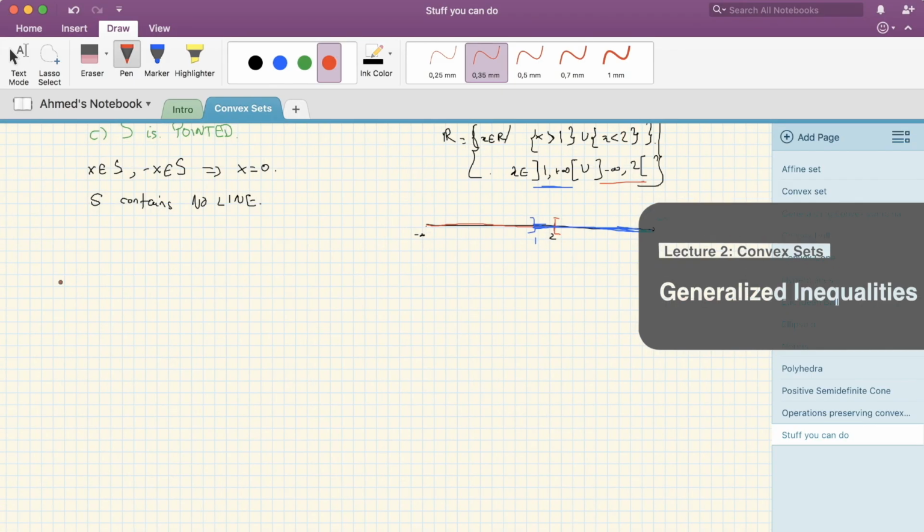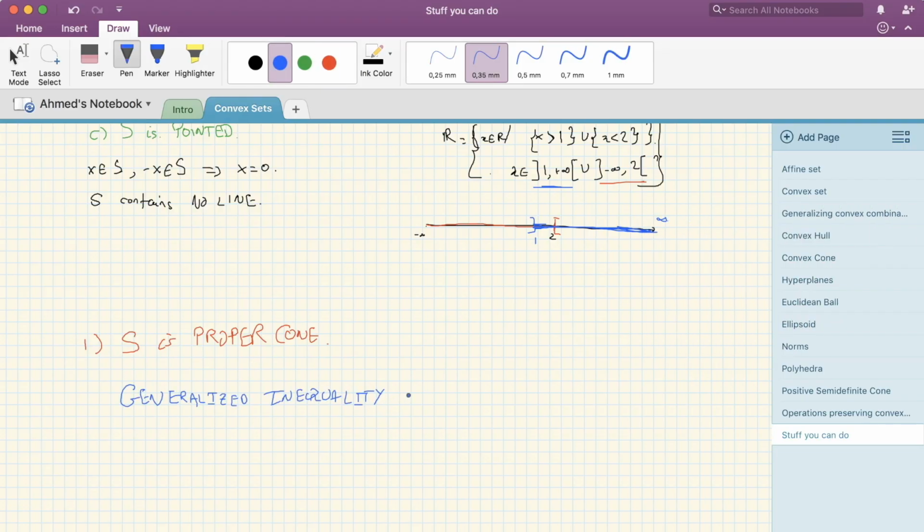If your S is proper, then you can define something as follows. We say that we have a generalized inequality with respect to a proper cone S. We denote x less than or equal to y with respect to S.